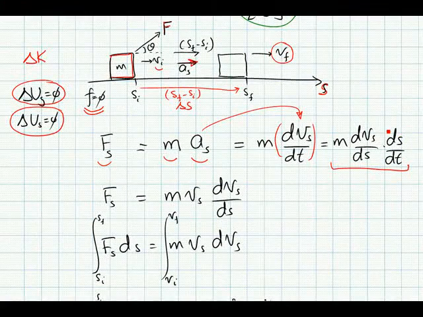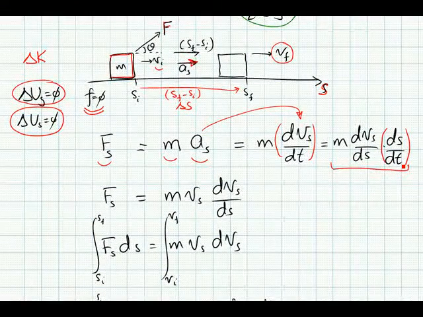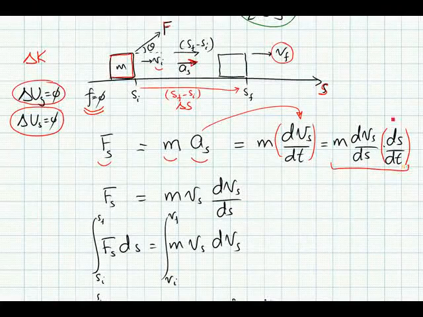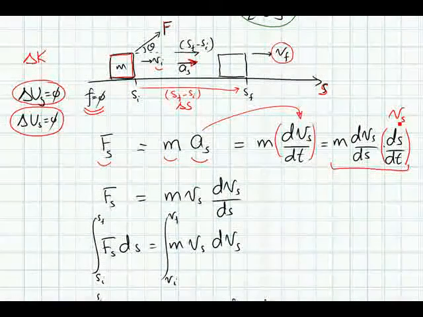Now we note that ds/dt, the rate of change of position of the object, is nothing more than v_s.